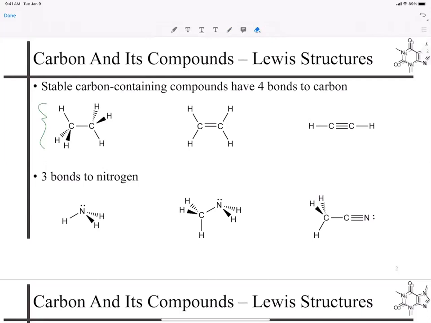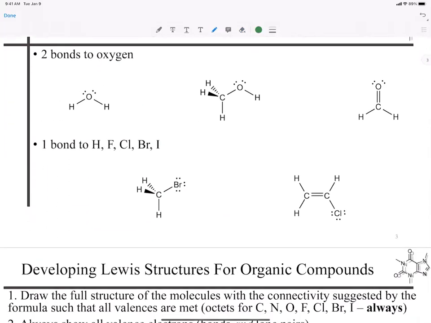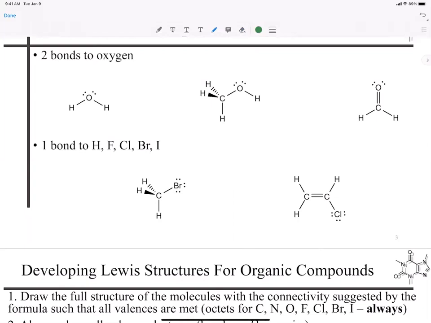If we go over to another organic element, such as nitrogen, they found that nitrogen tended to form 3 bonds. Again, you'll notice here that the 3 bonds can be made up of single, double, or even triple bonds. And then continuing along, they found that oxygen tended to form 2 bonds, and then hydrogen and the halogens tended to form 1 bond.